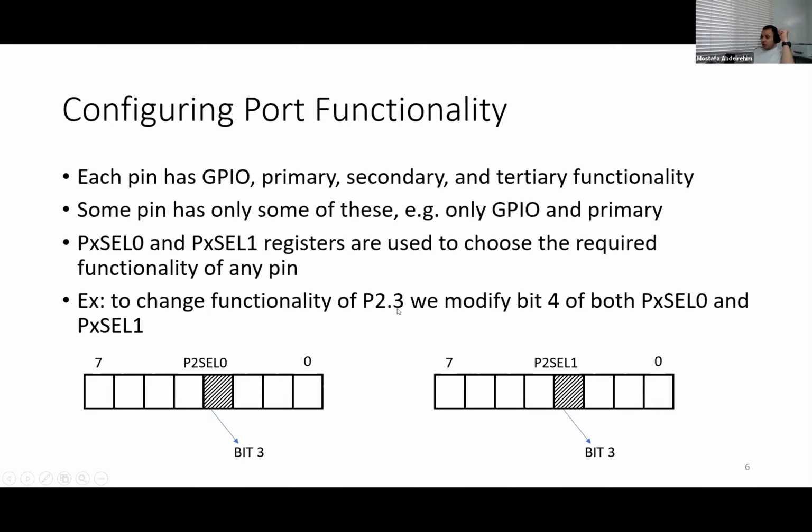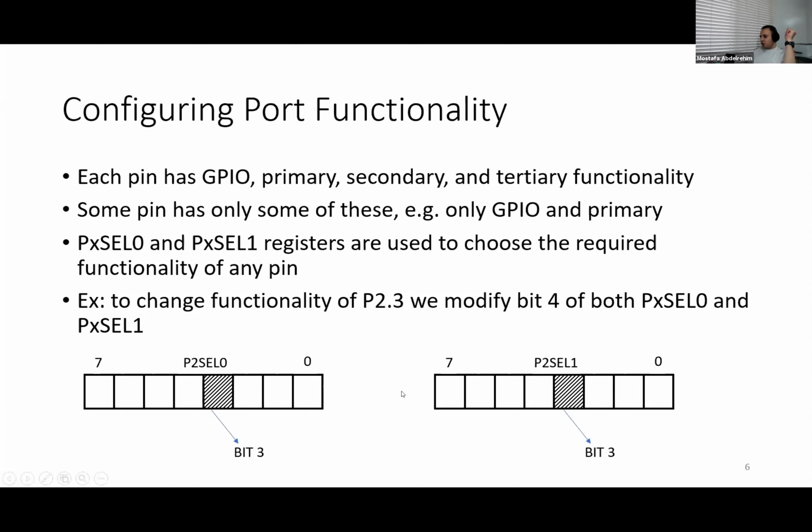So we choose the functionality of such a pin by configuring these 2 registers. Which bit in these registers? Bit number 3, or the 4th bit, because we start from 0.